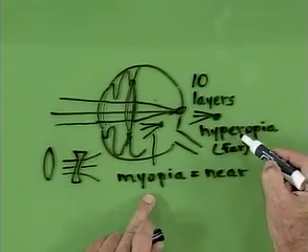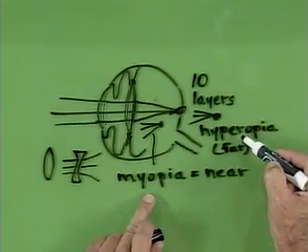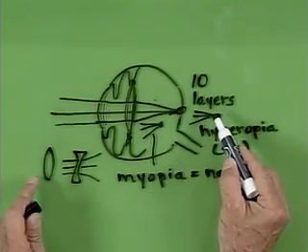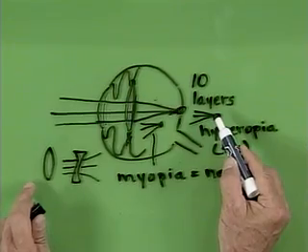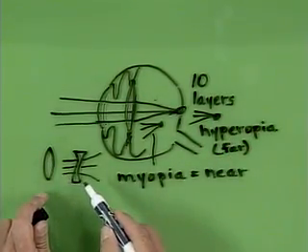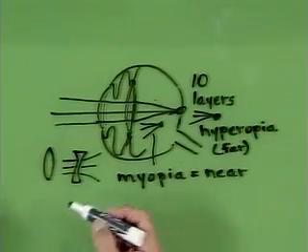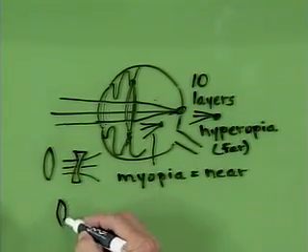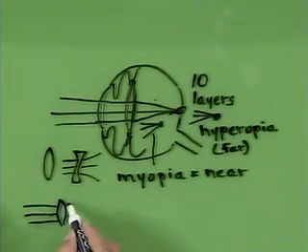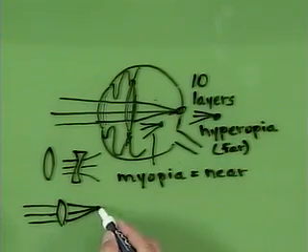And for hyperopia, for farsightedness, the light rays are not being bent enough, so we need this type of lens, a regular magnifying glass type that's thicker in the center and thinner on the edges. When light rays coming in parallel like this go through it, they tend to be converged to a focal point.